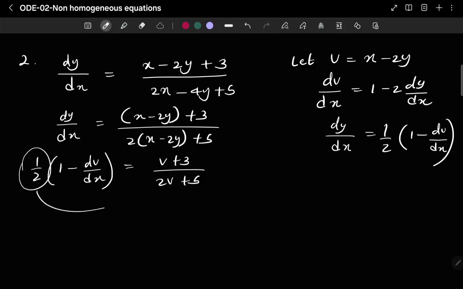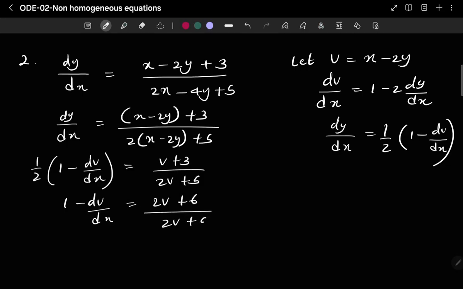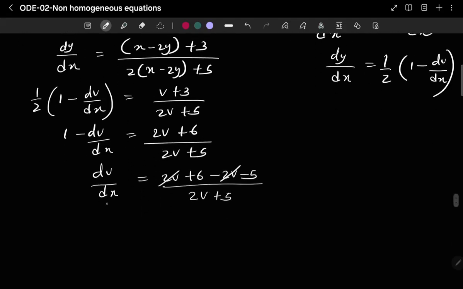We can multiply this half into the other side first of all, so it might be easy. 2v plus 6 over 2v plus 5, and then we get dv by dx equals (2v plus 6 minus 2v minus 5) over (2v plus 5). So here 2v to 2v cancel out, so here it is still minus dv over dx equals 1 over 2v plus 5.